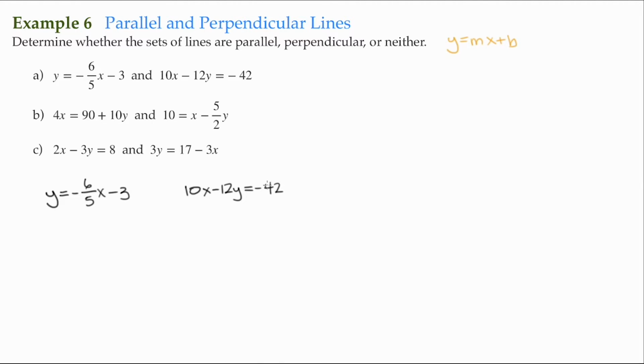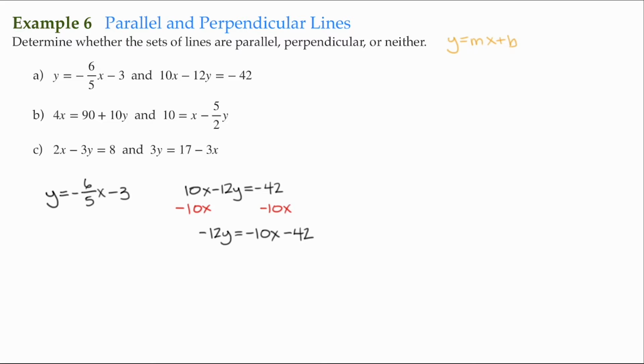So we're going to write this in slope-intercept form and then compare their slopes. So the first thing we can do is we will subtract 10x from either side. That'll give us -12y. That's equal to -10x minus 42.